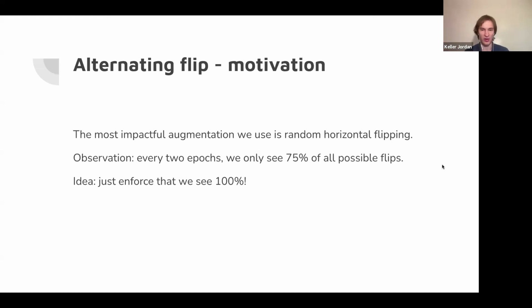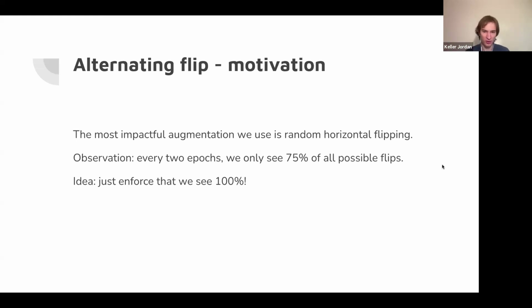So it's again the same situation as sampling IID examples. If you do IID flipping, you get 75% of the unique possibilities, so you're wasting uniqueness. So the idea is to enforce that we get 100%. Let's say every 2 epochs has to have both flips.